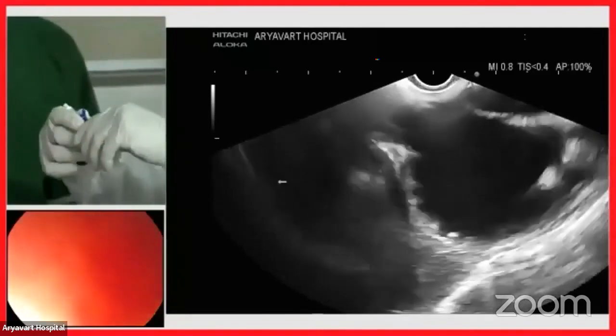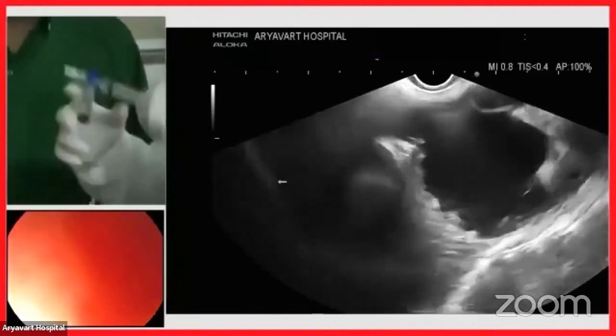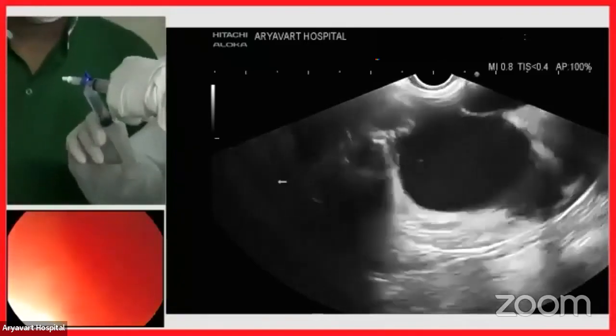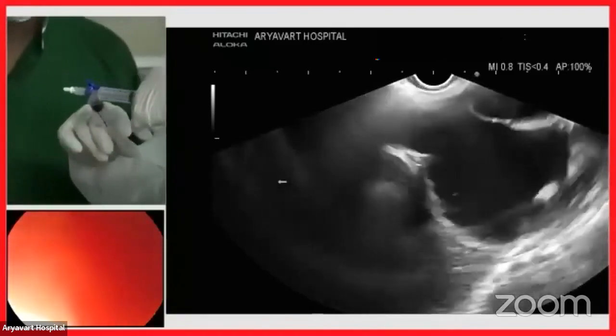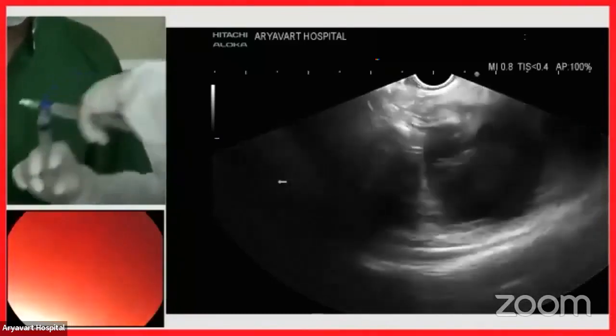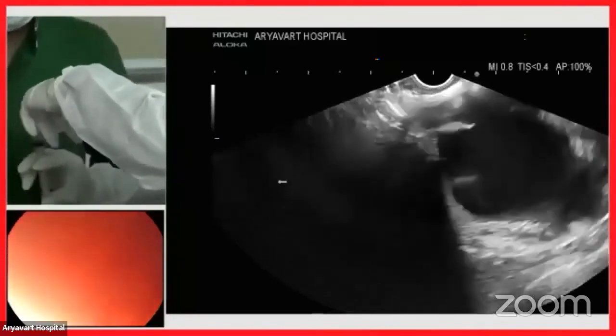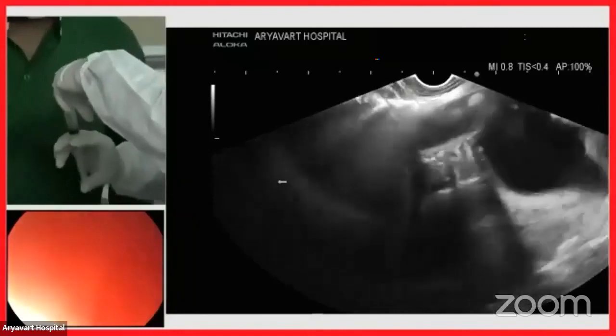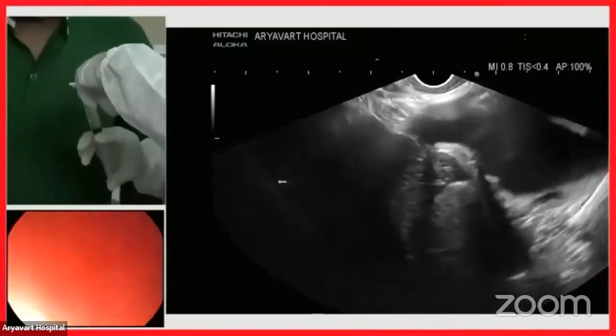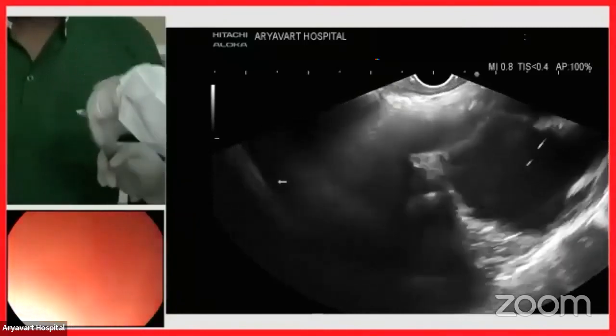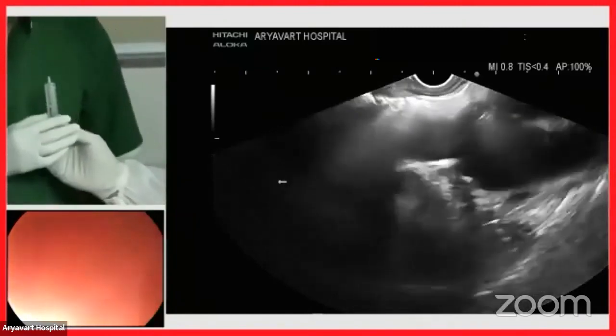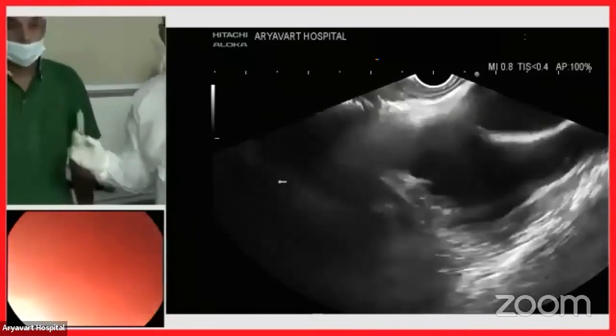I'll try to tighten these syringes over here. Air in, and gently I am going to make the bubbles. So this is normal saline. However, now you can see that it is cloudy. This is because of the air incorporated.